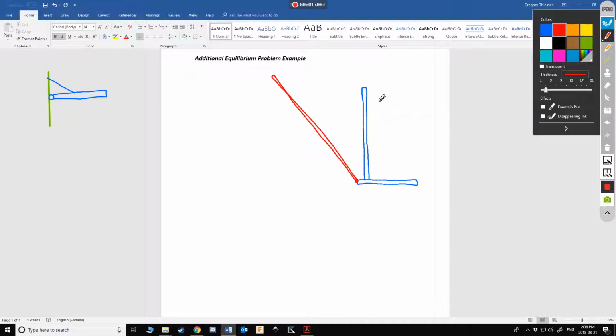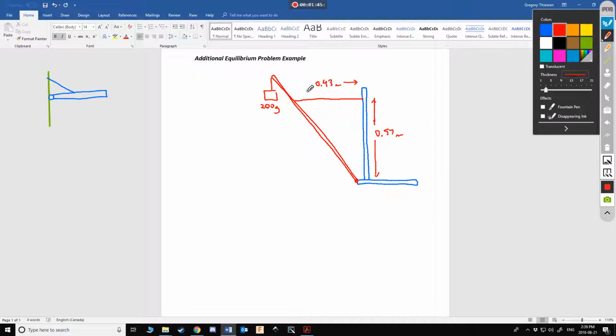And lastly, from here, we're going to have a rope that is going to be connected to that beam. At the end, we're going to attach a 200-gram mass. And let's give us some dimensions. Let's say we have 0.43 meters and 0.57 meters from here to here.